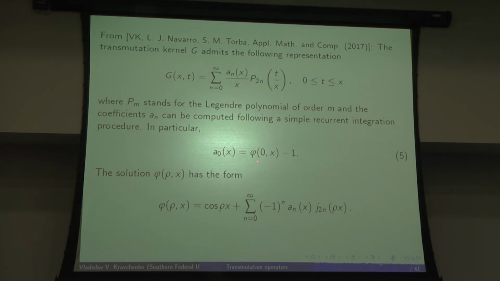It can easily be shown that it is precisely that solution of the Cauchy problem, phi, corresponding to rho equal to 0, minus 1. So this is what matters. What are the next ones? I don't care, okay? I just know that this representation exists and so on.